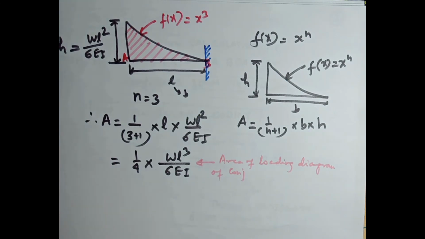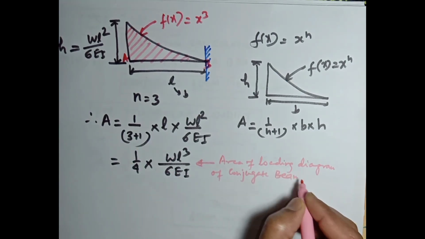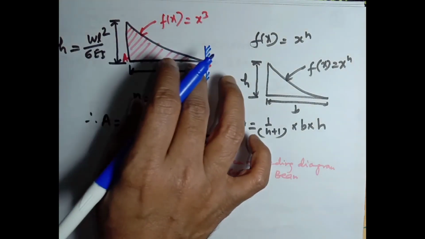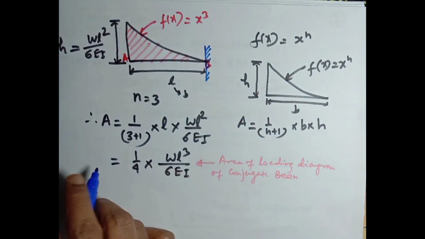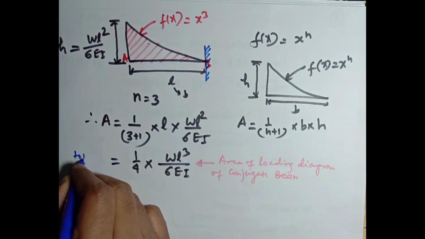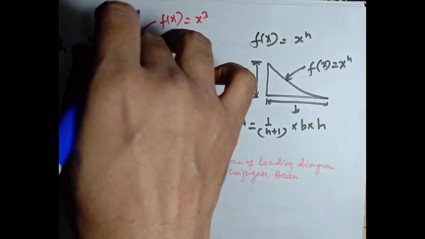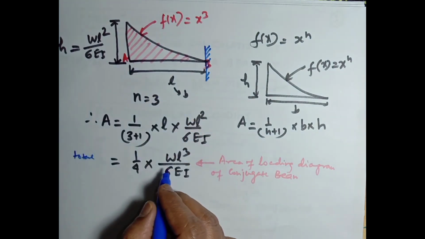And the area of the loading diagram of this conjugate beam will give the total load. This is the total load. The total area of the loading diagram of this conjugate beam will give the total load of this loading diagram.